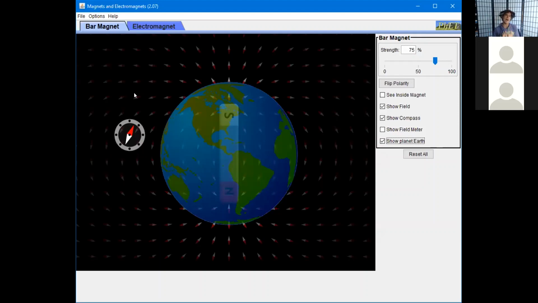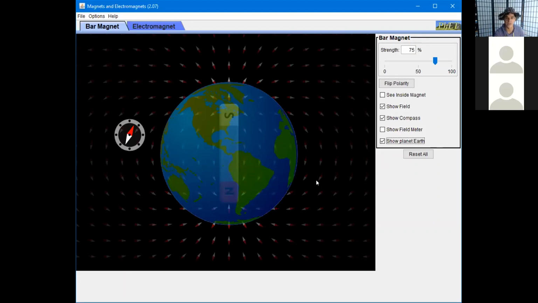But opposite poles attract, which means if the north pole is pointing straight up, that must be because it's attracted to the south pole of the Earth's magnetic field. So even though the north pole of a compass points towards magnetic north, it's pointing in that direction because magnetically, that is the south pole of the Earth's magnetic field.